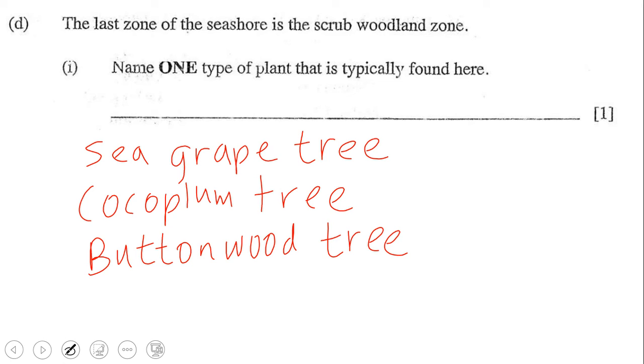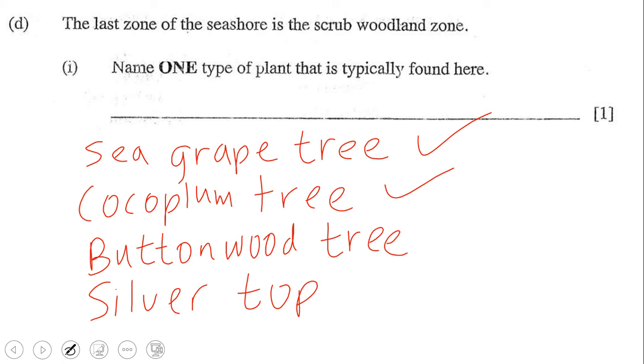Number four, the silver top. So any one of these four could work. In the scrub woodland zone, we have the sea grape tree, the cocoa plum tree, the buttonwood tree, and the silver top. These are examples of plants typically found in the scrub woodland zone.